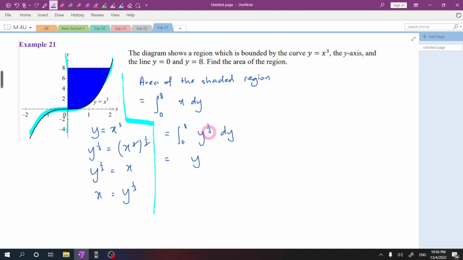1 over 3 plus 1. Plus 1, it will be 4 over 3. Okay, here will be 4 over 3 as well, from 8 to 0. So divided by 4 over 3 is actually equal to times 3 over 4. This thing times 3 over 4.